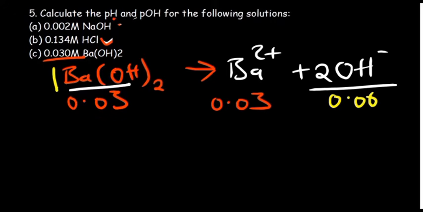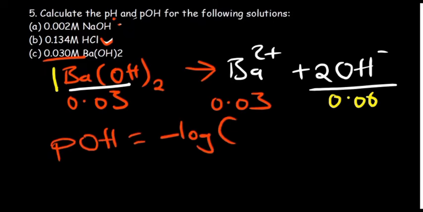So we're able to find the pOH. So the pOH is going to be the negative log of that concentration, which is 0.06. Okay. So negative log of 0.06. So what I have is 1.22.